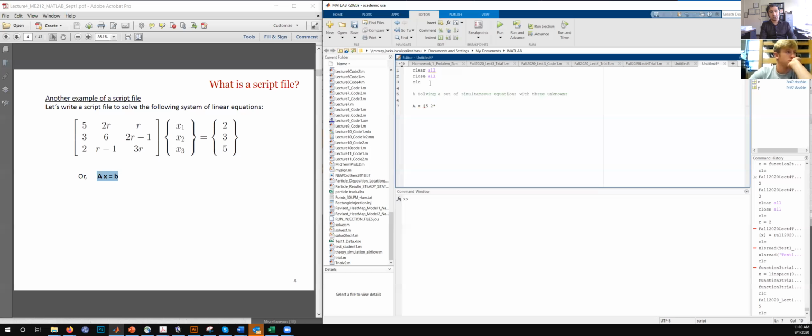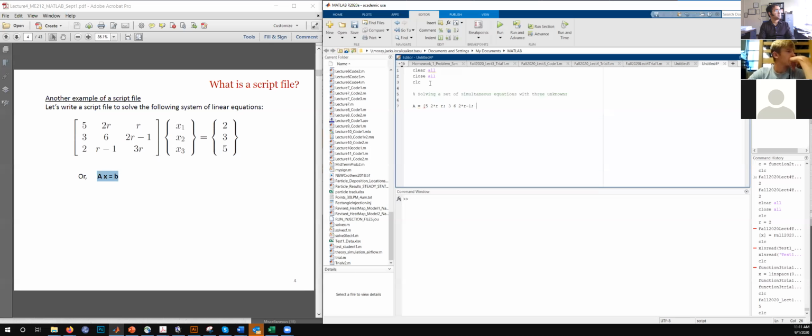Remember that we cannot just write 2r like this, because to denote multiplication in MATLAB, you always need to have this star sign. So this is the first row. The second row is 3, 6, and then 2 multiplied by r minus 1.